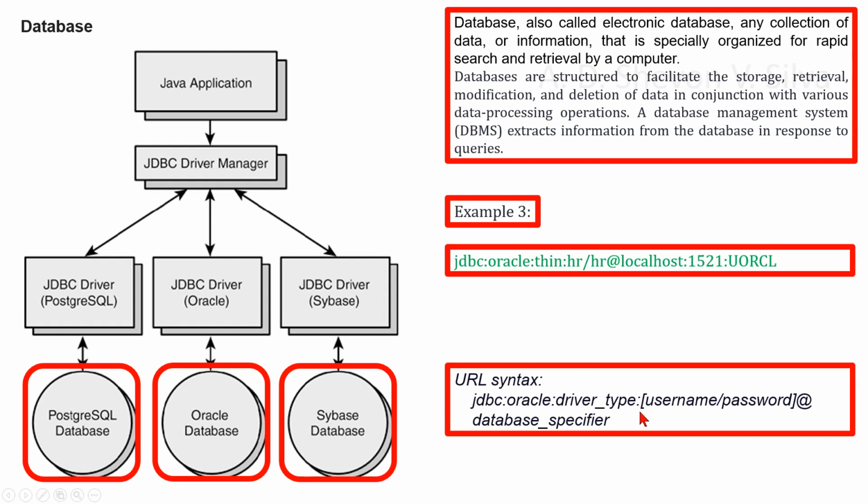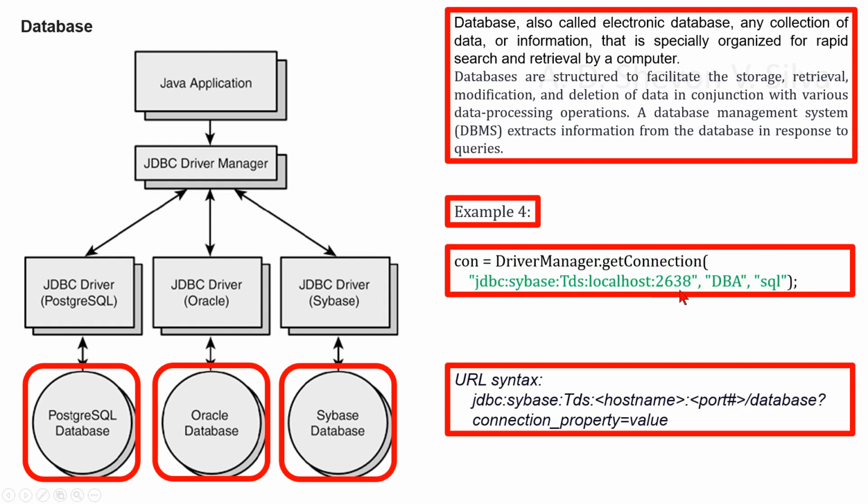The brackets indicate that the username and password pair are optional. The database specifier value identifies the database to which the application is connected. Here you can see the host name, port number, and SID.